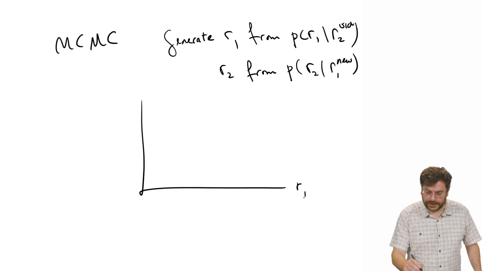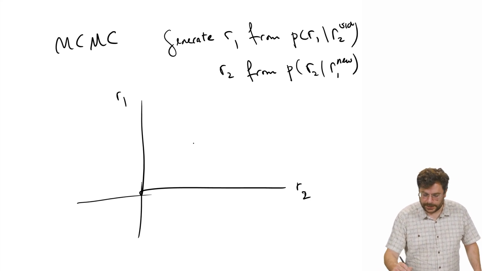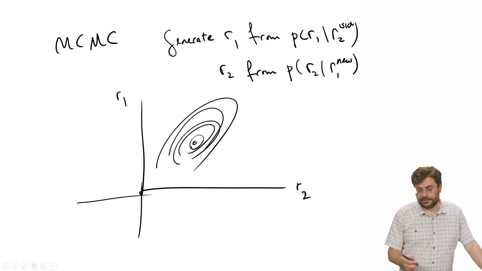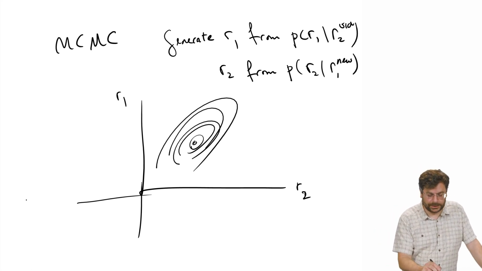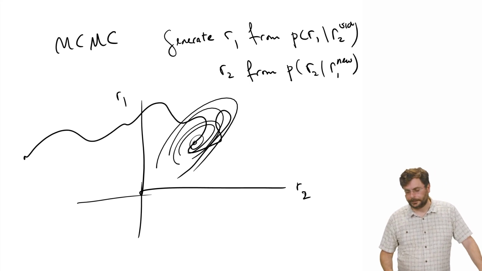So maybe if I were to look at this again, I think I had plotted it this way, and this again is my target distribution, then I would start from some R2, which may be way out here, and then eventually make my way into this region.